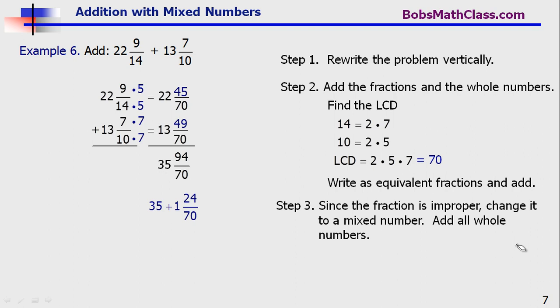So 70 goes into 94 one time with a remainder of 24. So that gives us 36 and 24 over 70. But we're not done. Let's see, what goes into both 24 and 70? 2. So we can divide them both by 2, so that gives us 36 and 12 over 35.